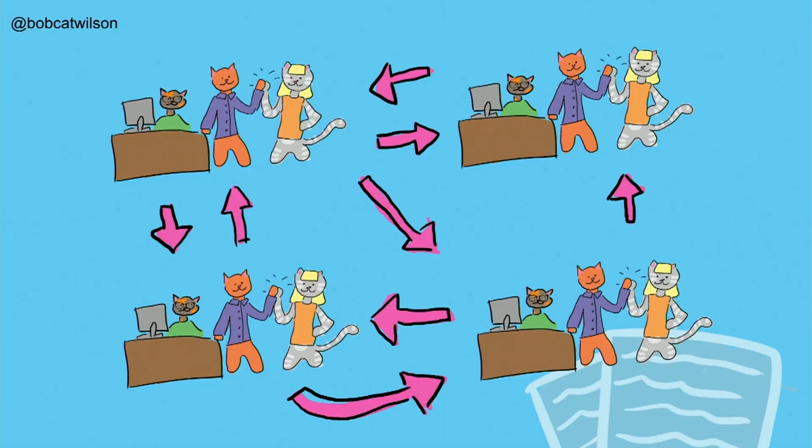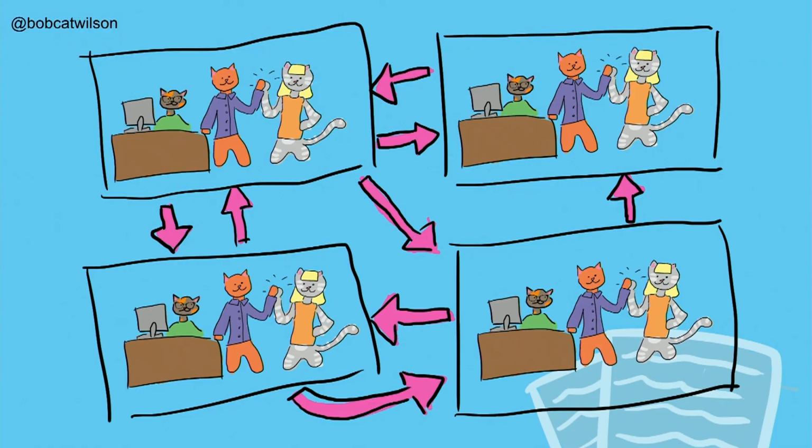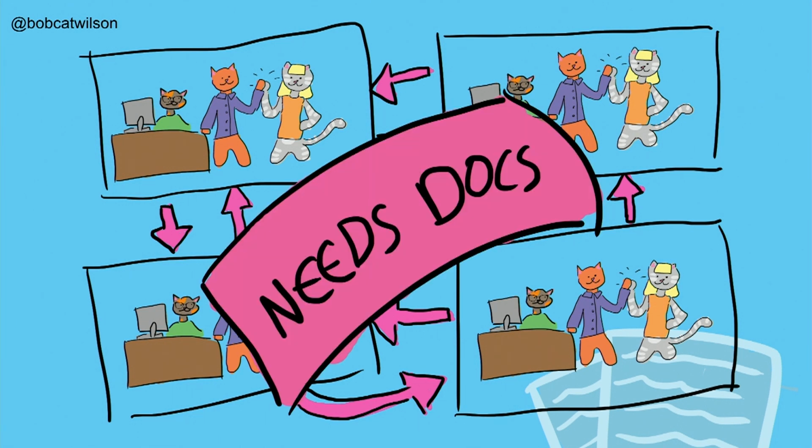Ideally, the people that are using your software can fix the bugs when they find them, or even contribute back new features. But sadly, in reality, we have barriers around our teams that make it hard for people to contribute. The good news, though, is that we can break down a lot of those barriers by writing developer documentation.